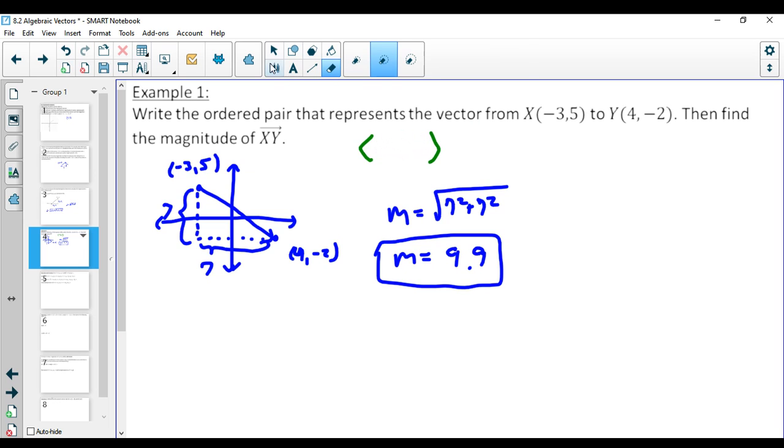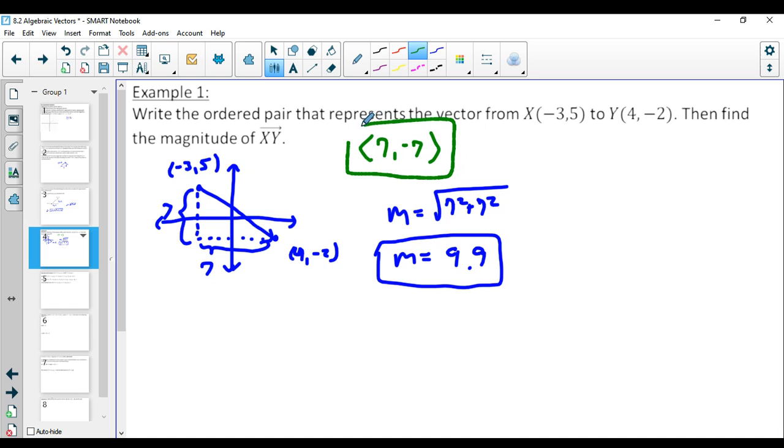I'm a math major, I know my x's and my y's. We're going 7 to the right and then down 7, so 7, -7. I was thinking -7 first because it went down first. The y value is going down 7, the x value to the right 7. So that's our ordered pair, and then that is our magnitude.